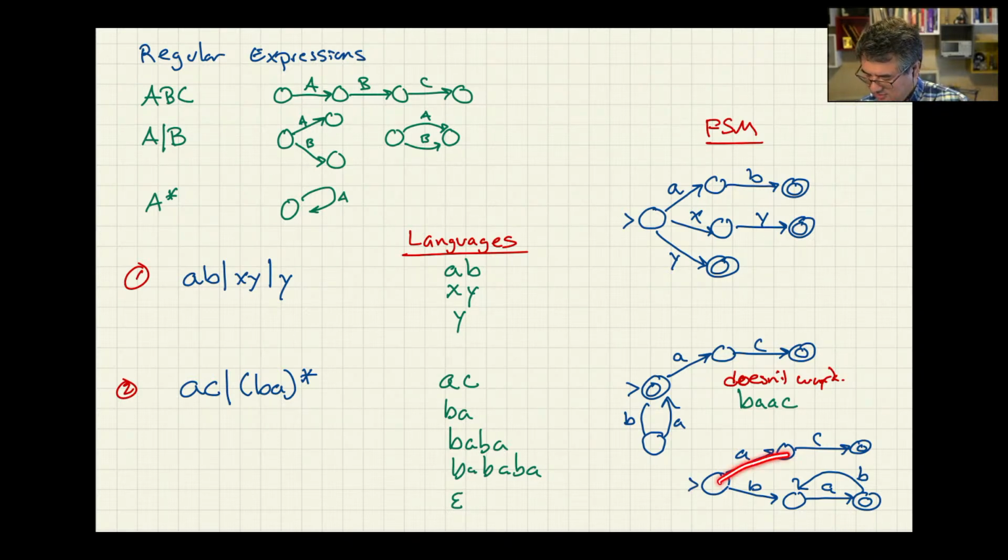So either we can do the AC branch, or we can do BA and then end, and then we can do any number of BAs. And then to handle the empty string case, we just make the initial state also an accepting state. So this one has two accepting states, one that accepts the empty string and one that accepts any number of BAs.